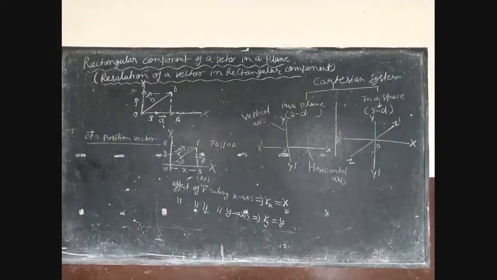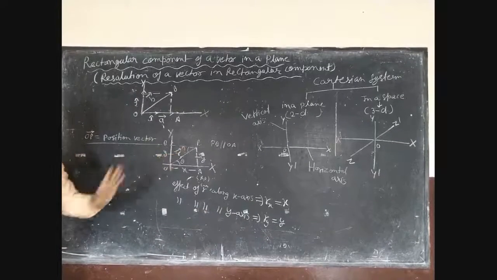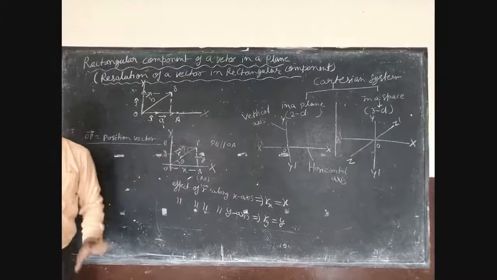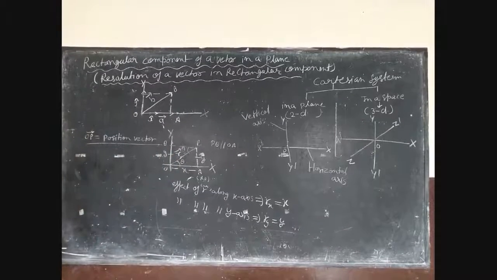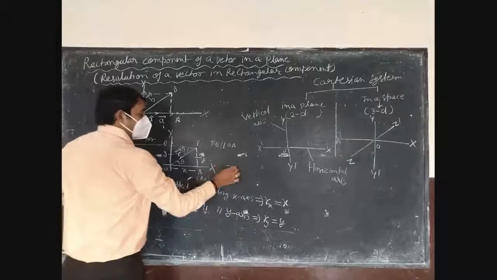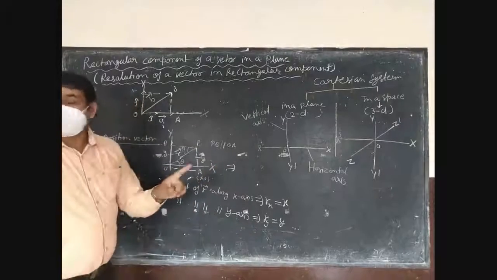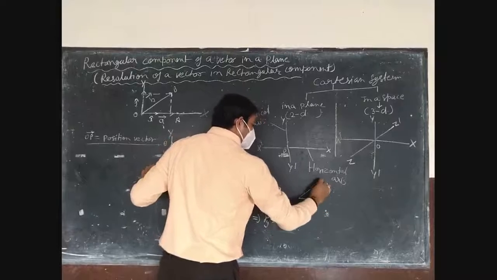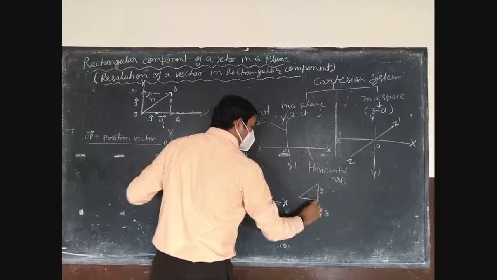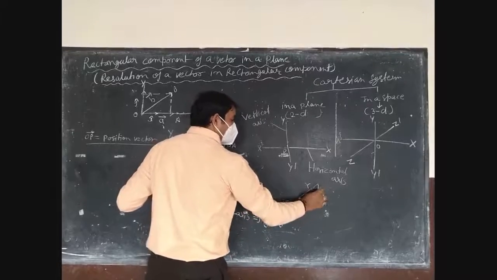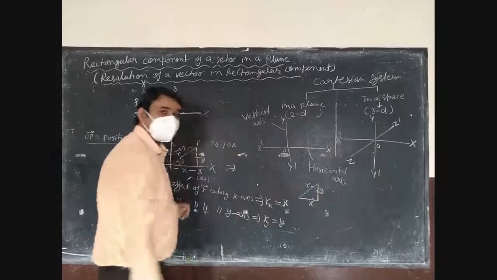Now we find the combined effect of it by using rectangular components. See, as previously, here we have y, here we have x, and this is R. This is acting like that, and this is in opposite order.